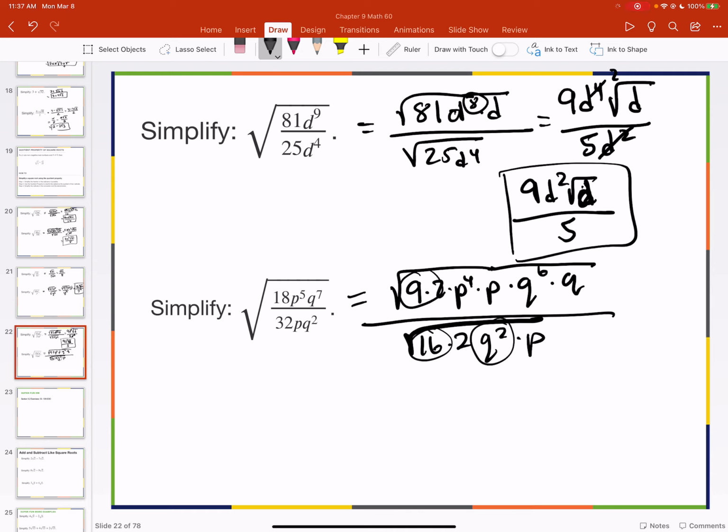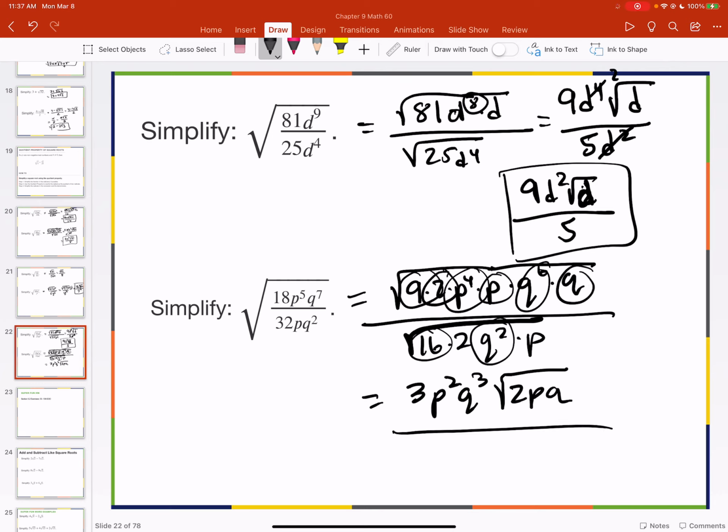And then let's circle our perfect squares here, here, here. So on the top, we have 3p squared q to the power 3. And then inside, we have 2pq. And then the bottom, you have 4q. And on the inside, what's left is a 2p, right?